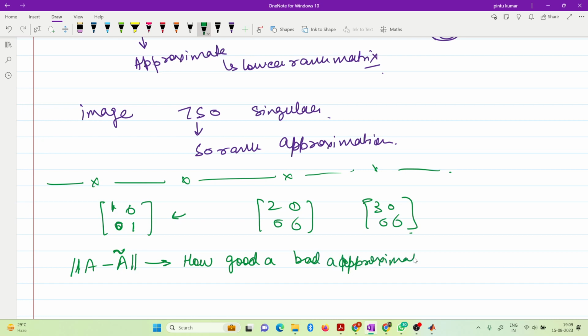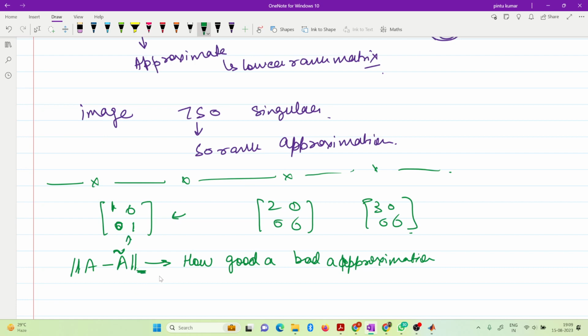Now, approximation of a matrix means we want another matrix which preserves the structure of the original matrix, but is of some lower rank than the matrix A. By that I mean that it is close to this matrix in terms of some norm.